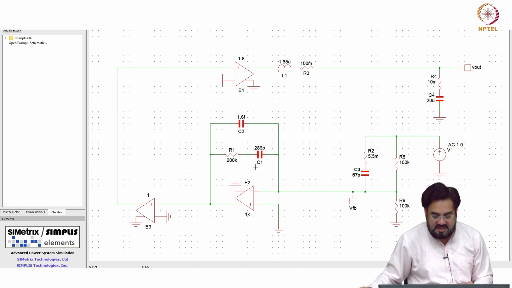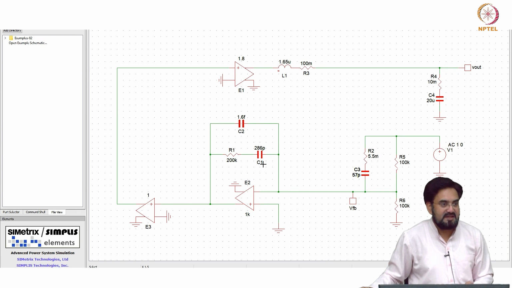So if you change this capacitor C1, which is the integral cap, you are also moving your 0 inside. No matter what the value of this cap is, your proportional gain is decided by R1 and this feedback resistor, okay. So you are not affecting proportional gain here.